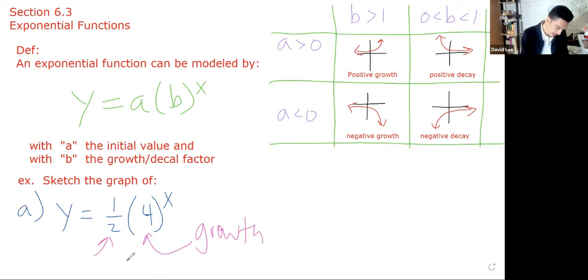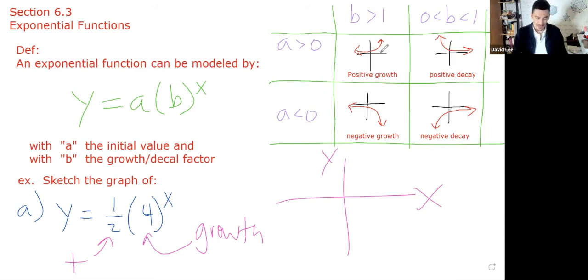And because this is positive, that means that this is an equation that is an example of positive growth. So if I wanted a picture of this like in 2 seconds, I would look at my chart for positive growth, and that tells me that my picture would look something like that. You see what I'm saying? So the purpose of this chart is to be able to give you a really rough idea of what an equation looks like. It would look something like this here.